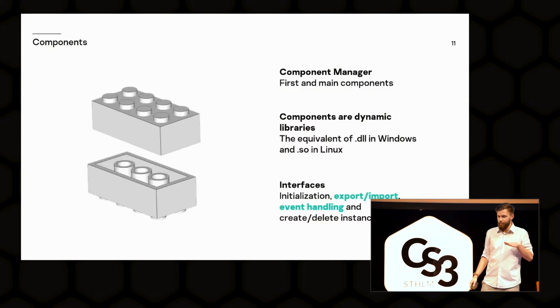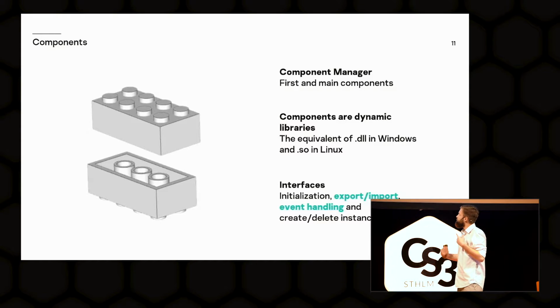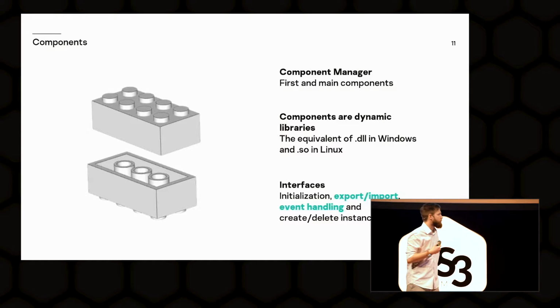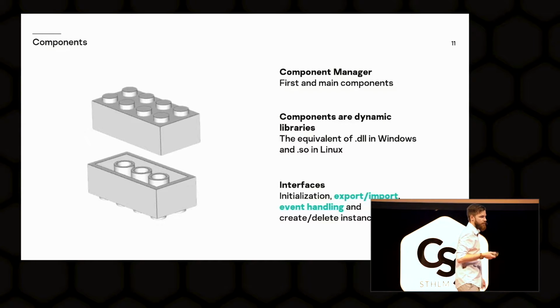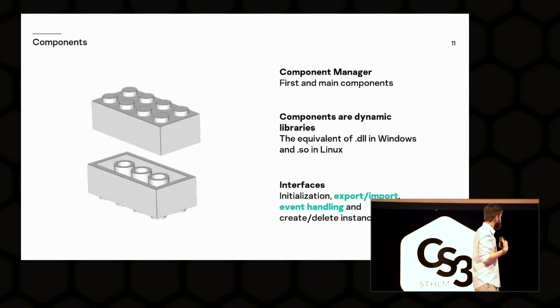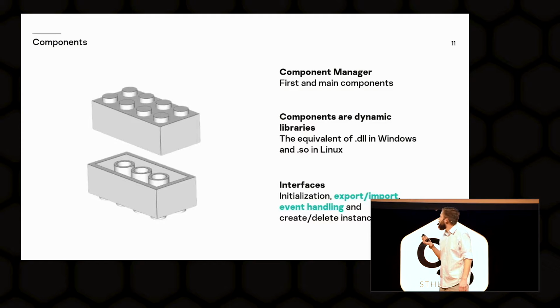So a component is able to register its own function as an export function, and then other components can import these exported functions and use them. This is how it works. And the payload of a component is the body of the Lego brick.